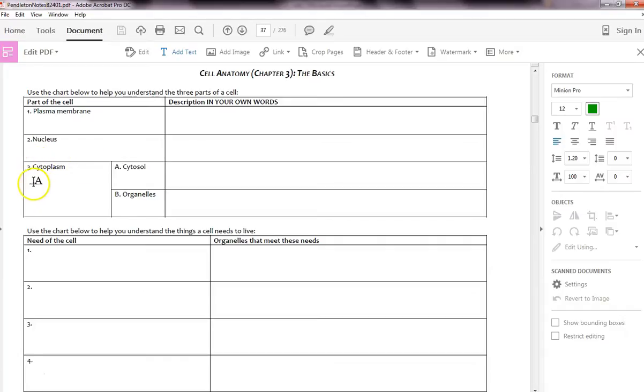The cytoplasm is going to be between the nucleus and the plasma membrane. The cytosol is going to be the watery liquid of the cytoplasm.